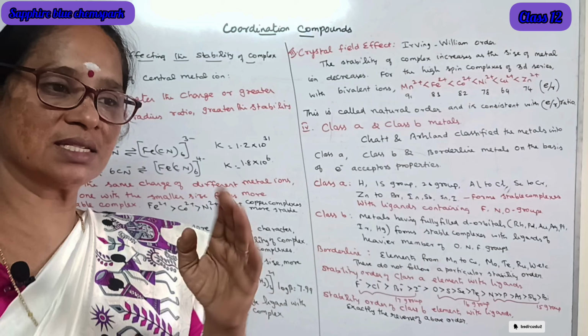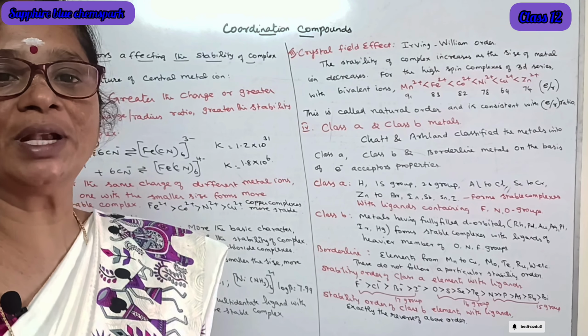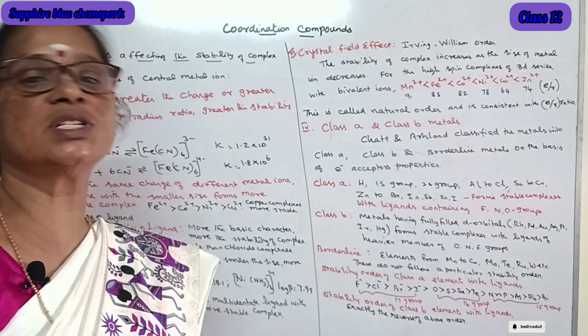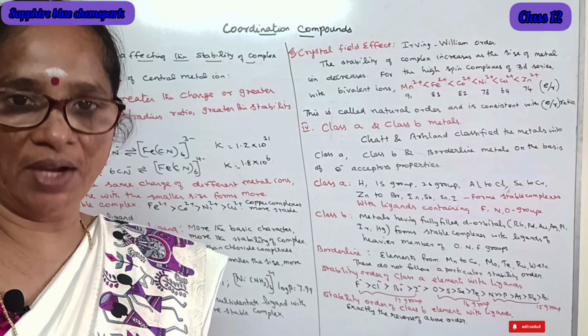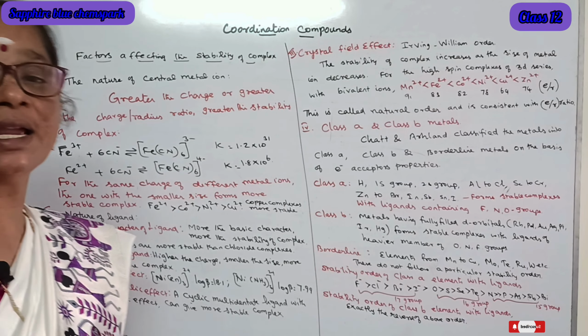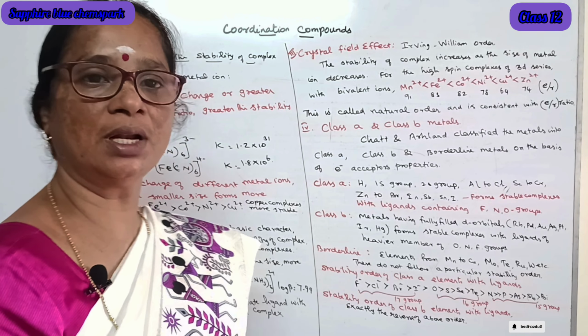This is because when the charge density increases, the size of the metal ion decreases, the polarizing power and the approach of the ligand, and splitting of d orbitals will also be favored. This is why we may say the metal ion with higher oxidation state is able to form the more stable complex.